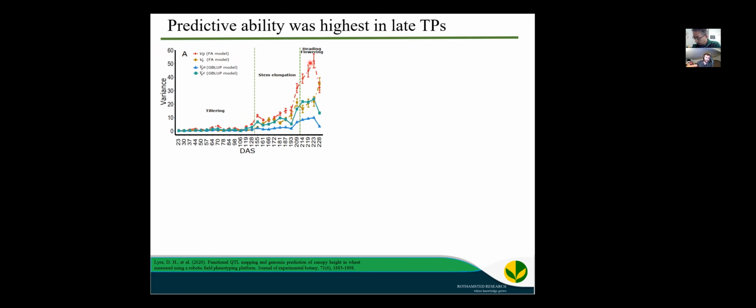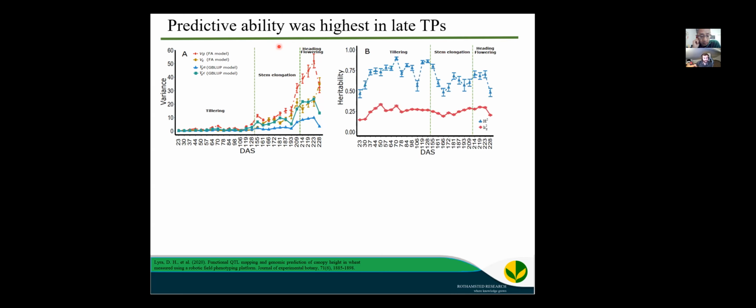The factor analytic model, as expected, has more variation around the late stage than the genetic component, the GBLUP, when you add markers. And at the late stage we had this lodging, but we still kept it, and that's a decision we had to discuss.